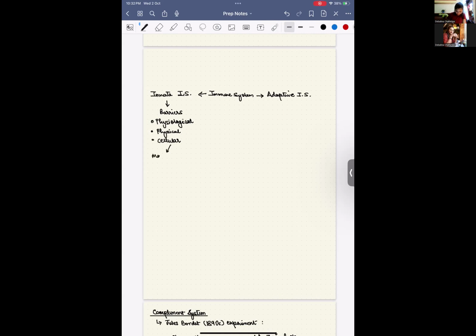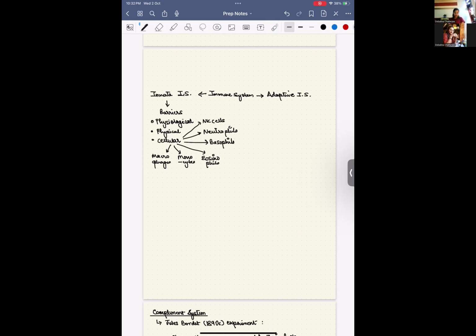It could be macrophages, monocytes, eosinophils, basophils, and neutrophils. And of course, we just discussed the NK cells. So these are all players of the innate immune system.